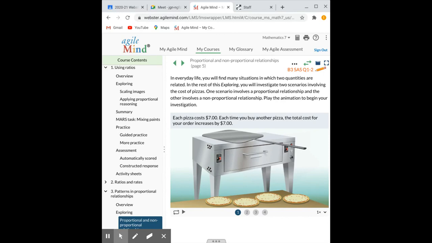But if I do 2 times 3, do I get 8? No. And since I don't get 8, then it's not proportional. Good job.